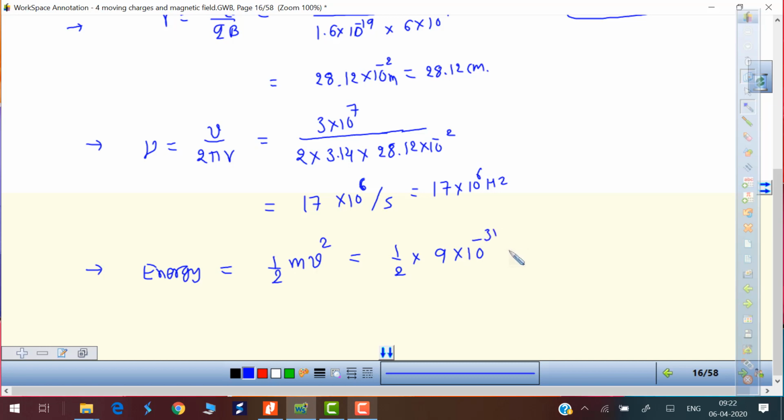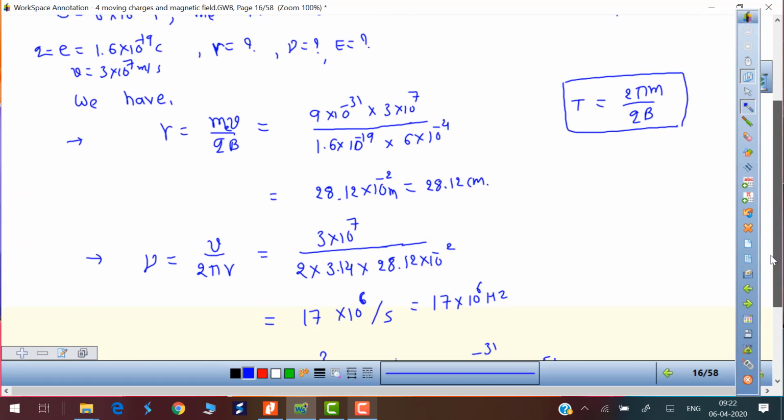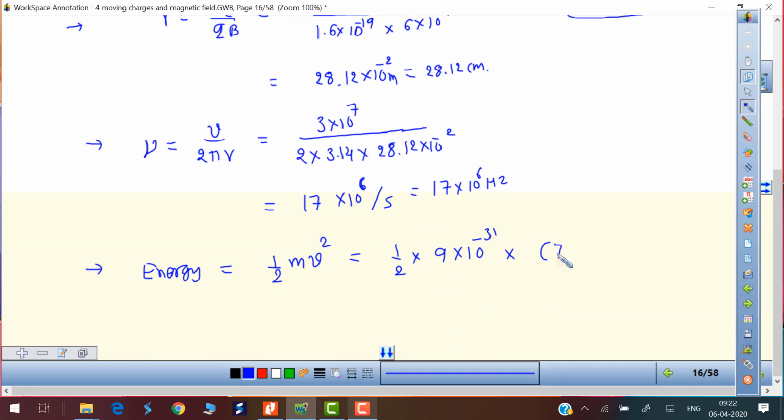So half m is the mass of the electron, 9 into 10 raised to minus 31. Velocity is what? 3 into 10 raised to 7. So 3 into 10 raised to 7 square. So whatever you get, that will be in joule.